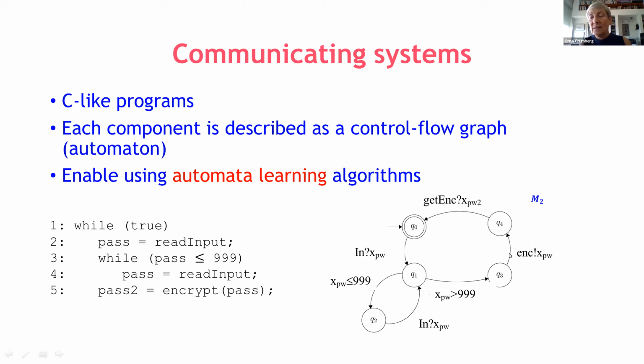We then send it to encryption. We actually send it out. This is the exclamation mark. We send the value of X password over the channel encode, and then over the channel get encryption, we get a value for X PW.